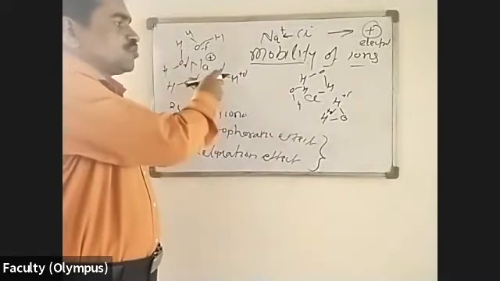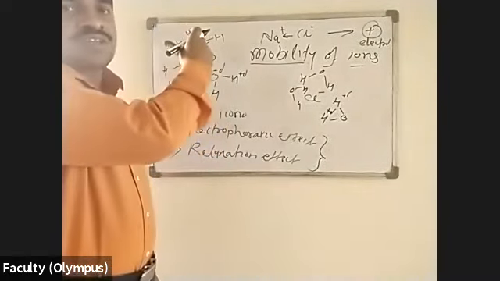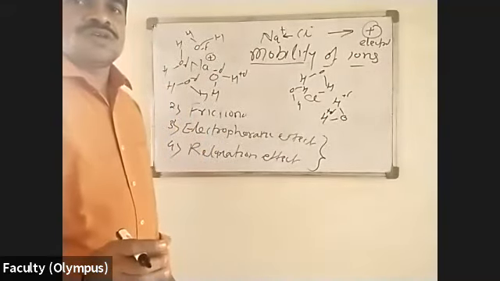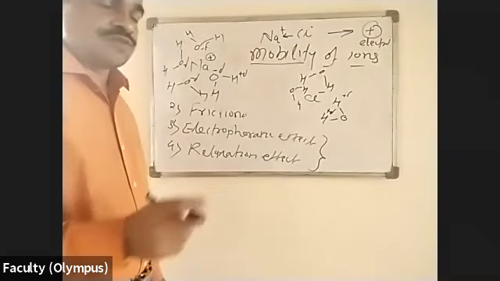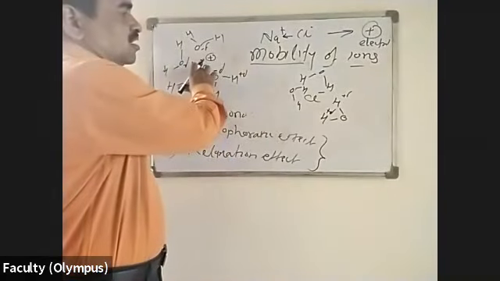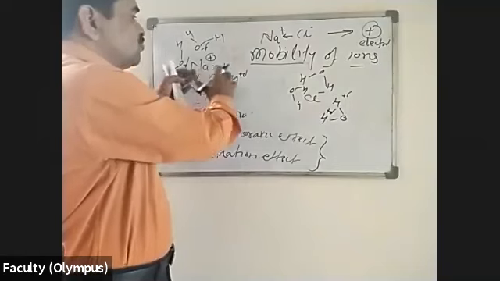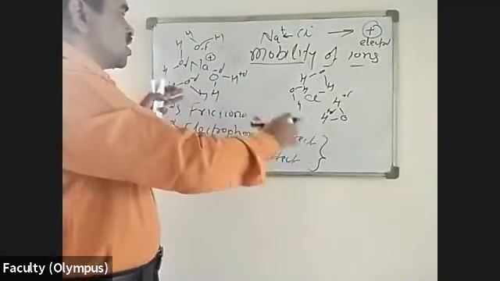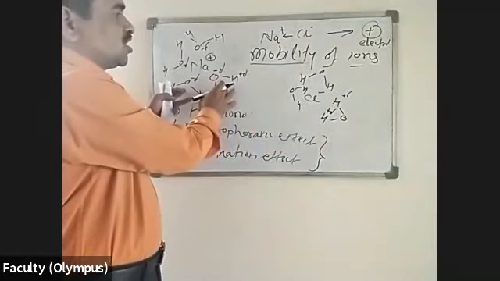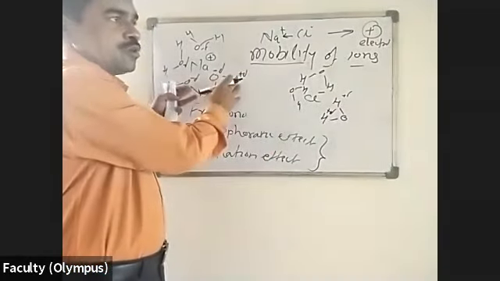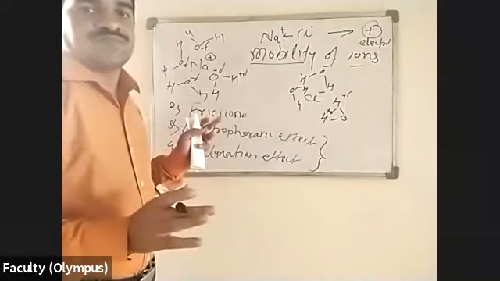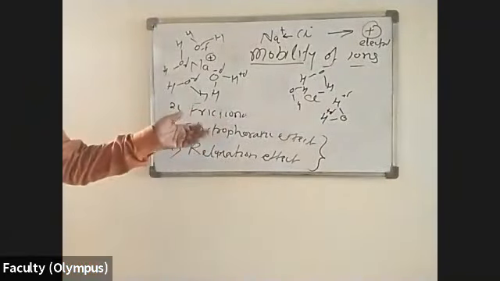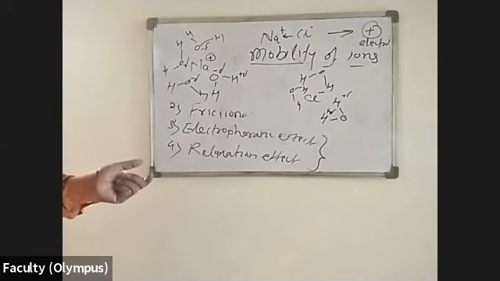If the solvent is water, it is called hydrated ion. Such effect is less. But in dilute solutions, these ions are less. They are away from each other, and because of this, this electrophoretic effect becomes greater. So if there is greater electrophoretic effect, then the mobility will be less.